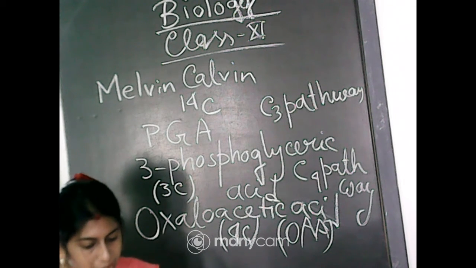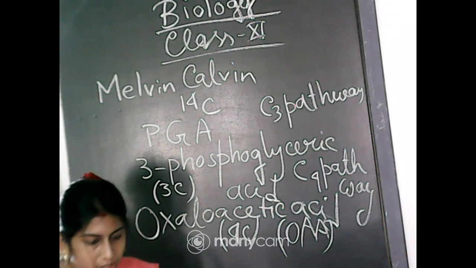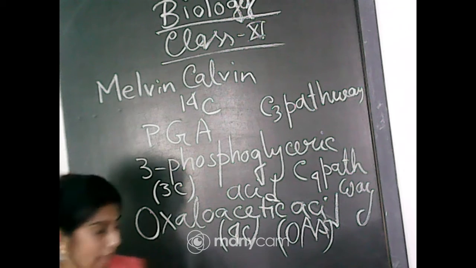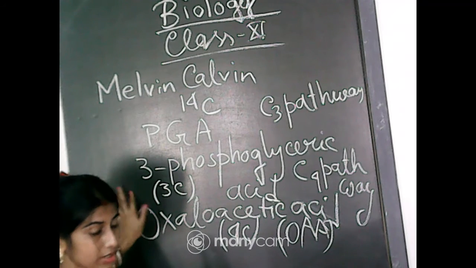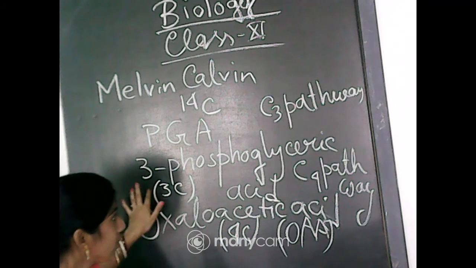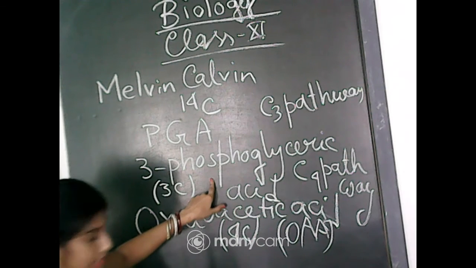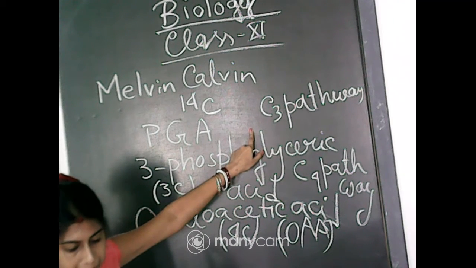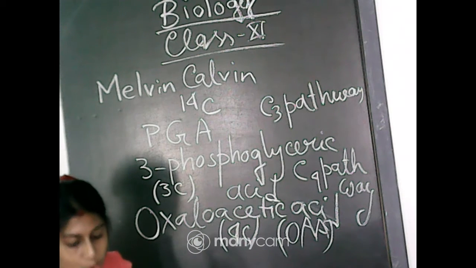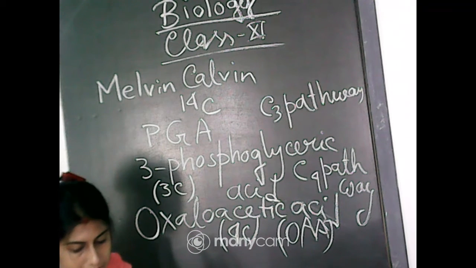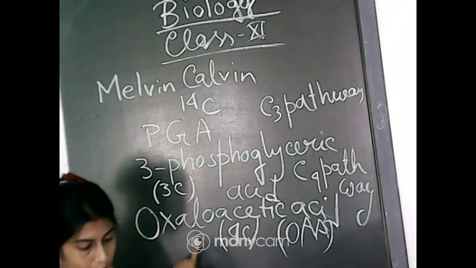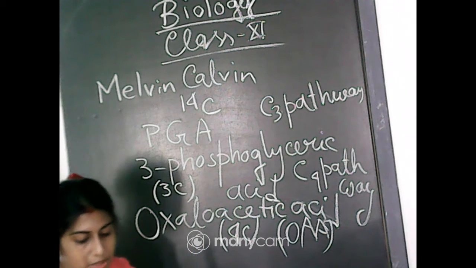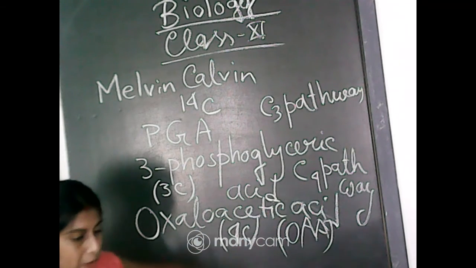The plants in which the first product of carbon dioxide fixation is a C3 acid, that is PGA, are called the C3 pathway. And those in which the first carbon dioxide fixation product is a C4 acid, or oxaloacetic acid, this pathway will be considered the C4 pathway.